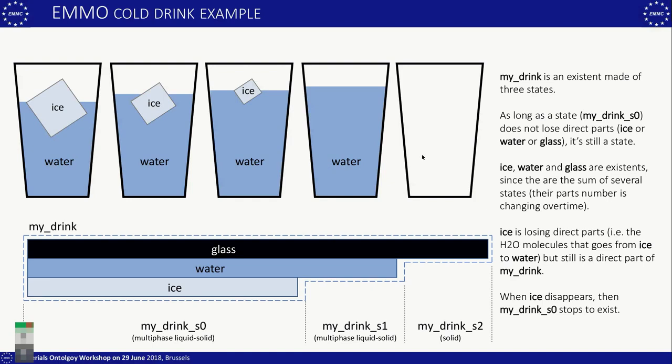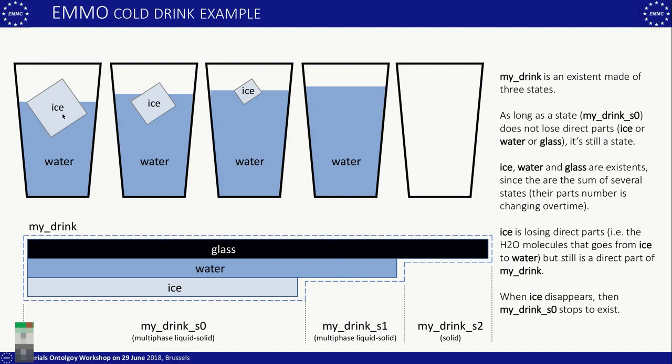The third one is when you have only glass. And the parts of the drink are existents, not states, are existents. Ice is an existent. So it's made of substates. The substates last as long as one molecule of water, H2O, goes from ice to water.